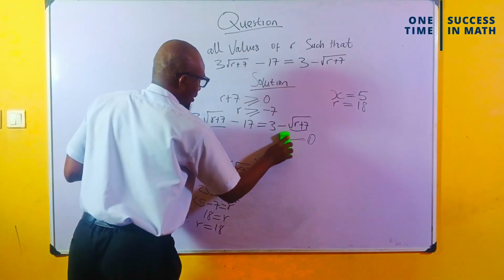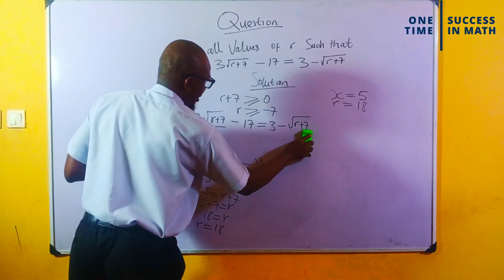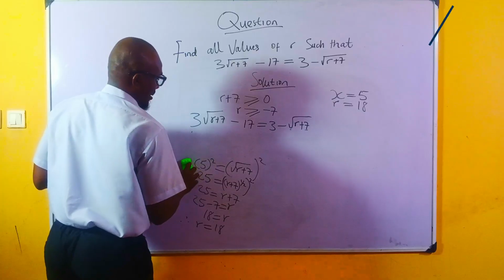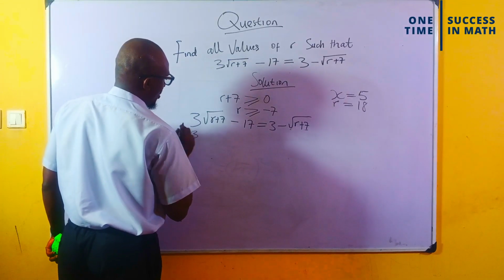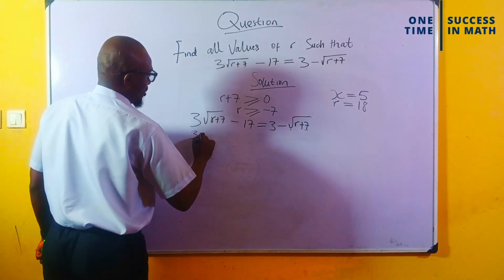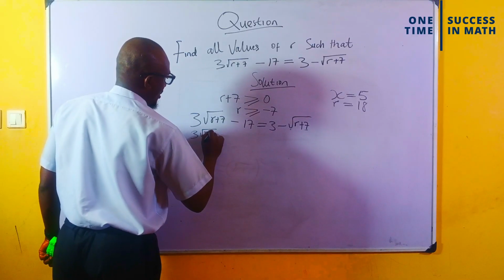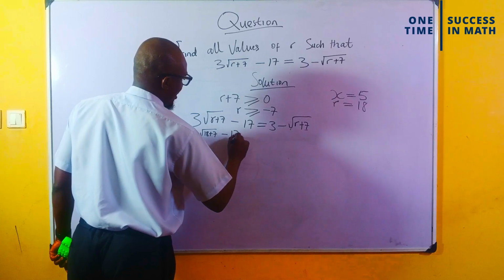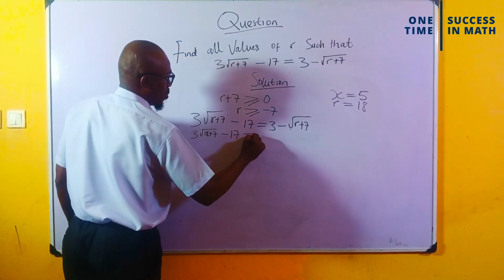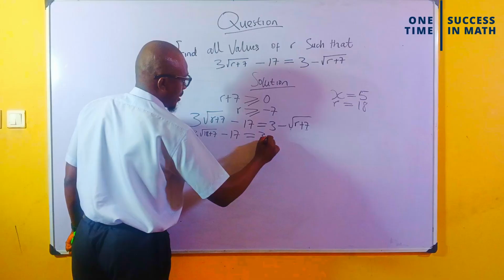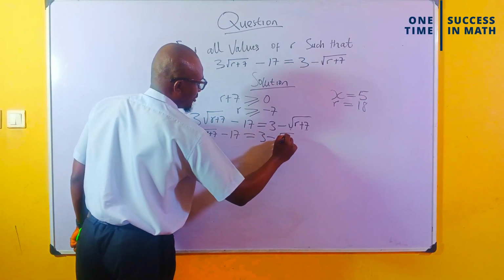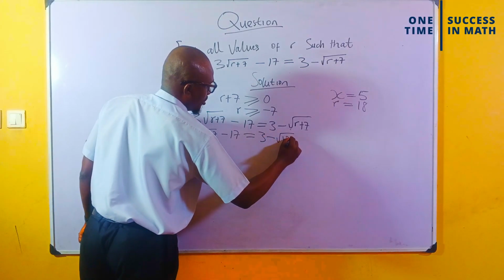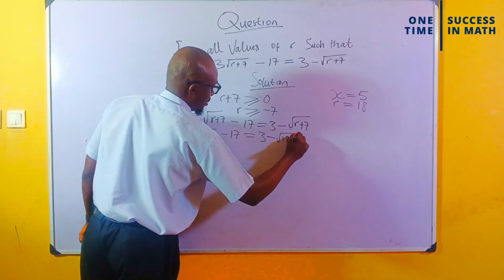Let's wipe from here since we have found our r and our x. Now, we'll substitute: 3 root 18 plus 7 minus 17 is equal to 3 minus root of 18 plus 7.